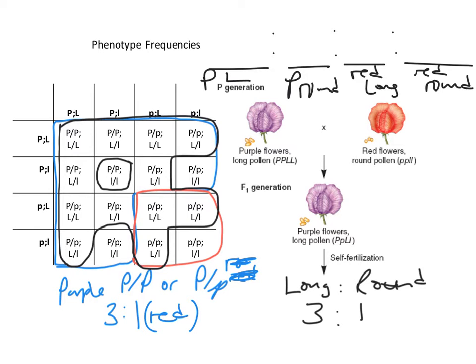So how many squares are circled both in blue and black up there? Those are the individuals that have both the purple flower color and the long pollen. 1, 2, 3, 4, 5, 6, 7, 8, 9, 10. Am I doing this right?